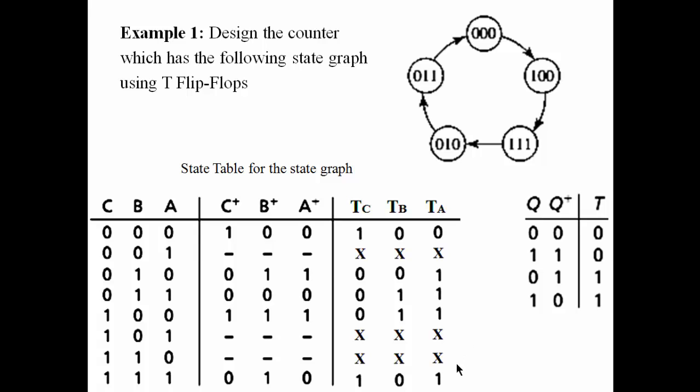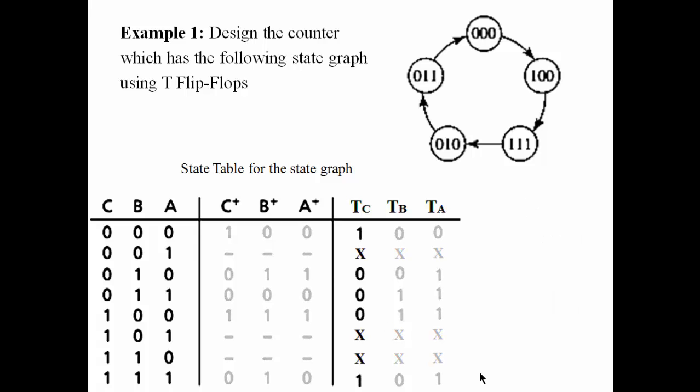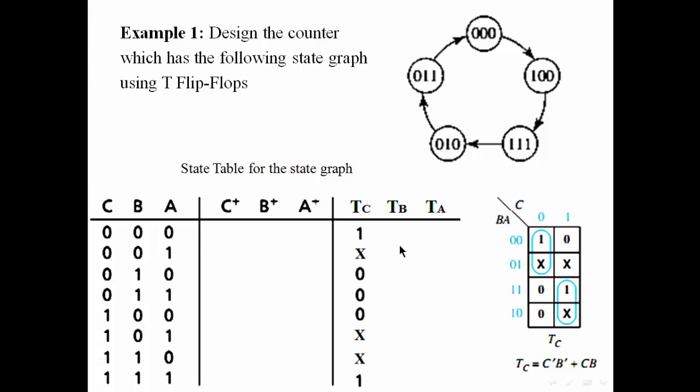Now we just need to put those values in a K-map or Karnaugh map in order to find the equations. In order to fill the K-map, we just need the values of the present states and the values in this column. Let's start with the first state, 0, 0, 0.